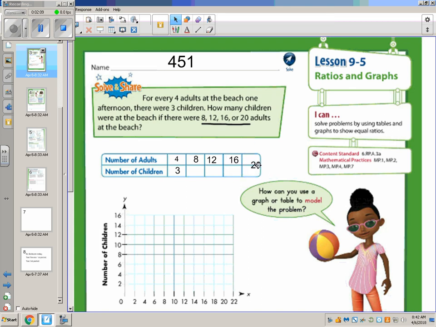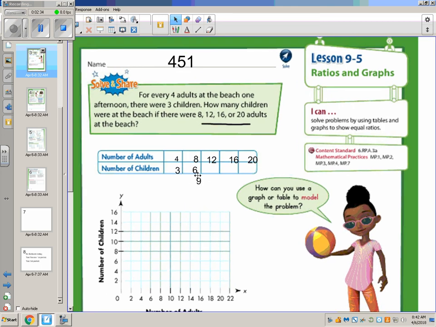And when we looked at these ratio tables in the previous lesson, we saw that whatever the top row goes up by, it's multiplying. So it's doing like 4 times 2, 4 times 3, 4 times 4, and 4 times 5. So the bottom row has to multiply by the same amount. So 3 times 2 would be 6. 3 times 3 would be 9.